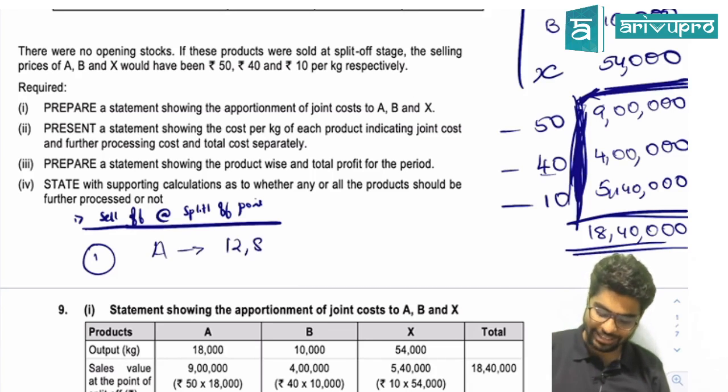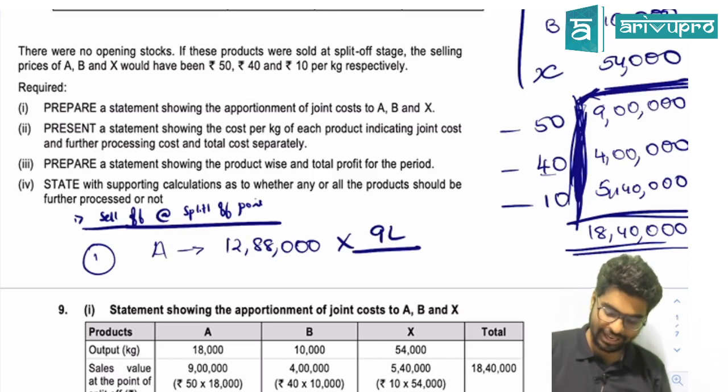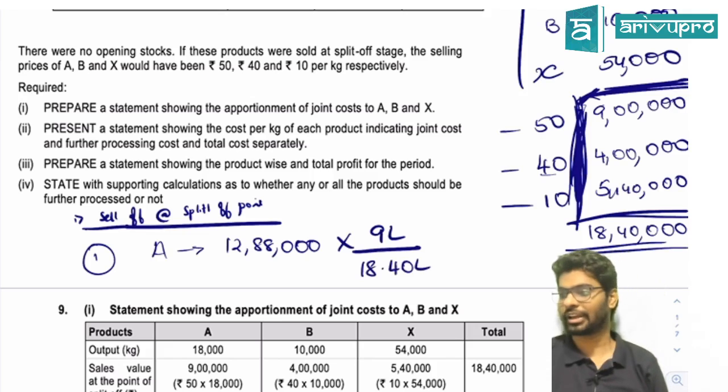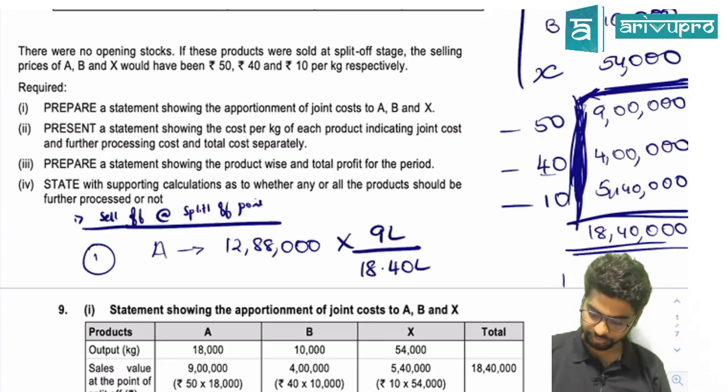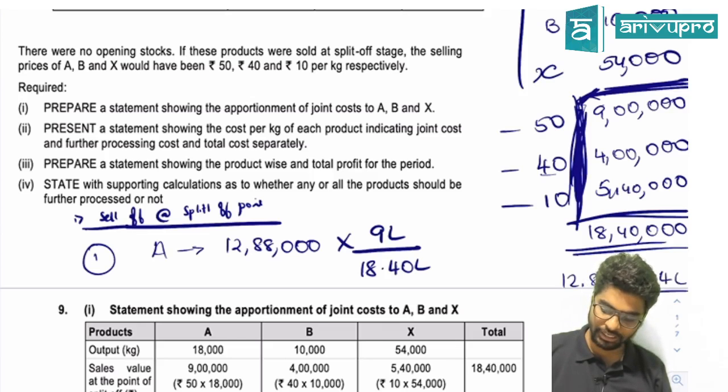Now, if I am trying to split it at the split off point, it will be for A 12 lakh 88,000 is the total cost multiplied by 9 lakh divided by 18.40 lakh. For B it will be 12 lakh 88,000 into 4 lakh divided by 18.4 lakh.